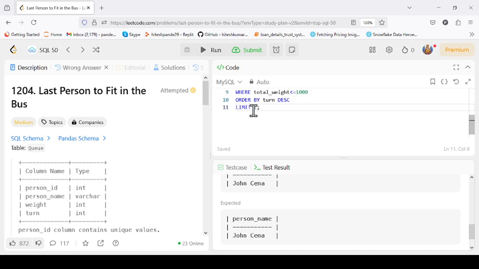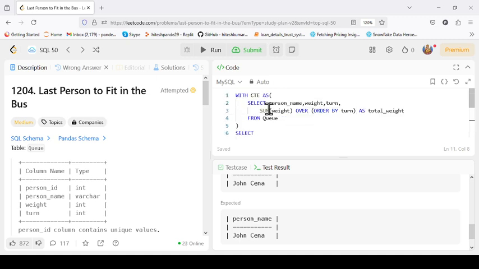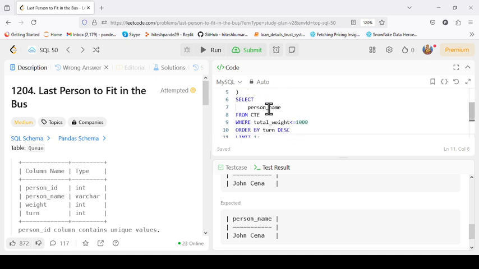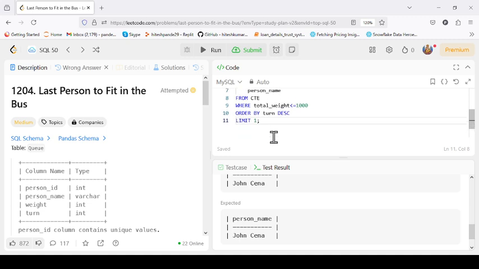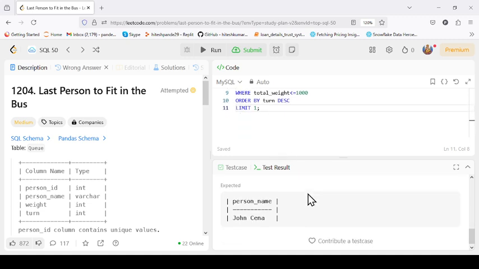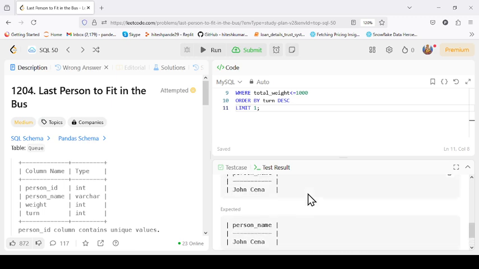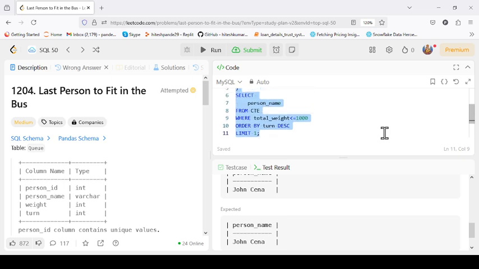So we want the name of that person from the first row. Therefore we set the limit to 1. So therefore we will get John Cena. Okay, so likewise this is the correct output.